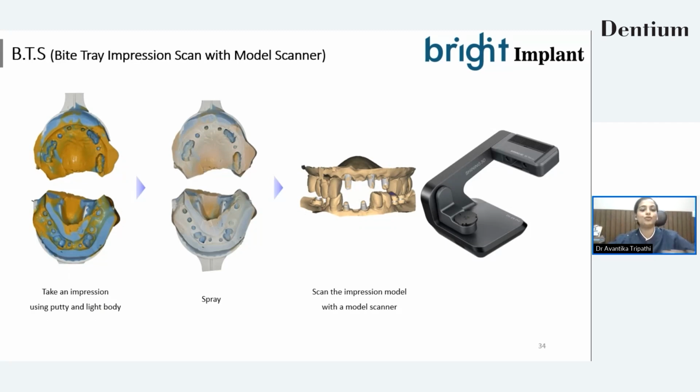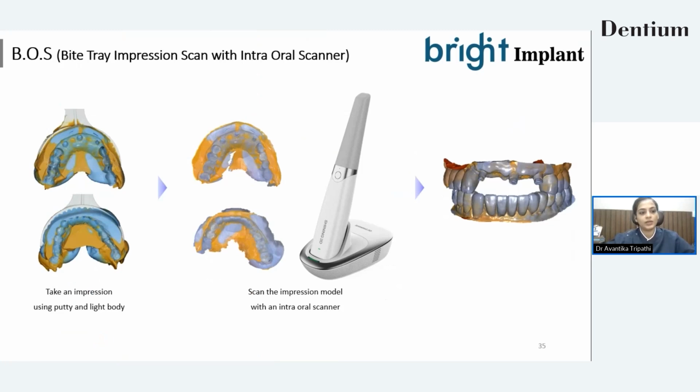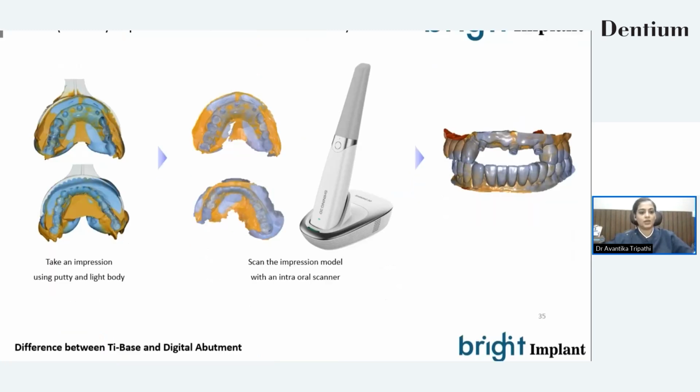They are going to put scan spray over it and scan it, or they are going to prepare a model and scan the model with the model scanner. Either they scan the impression or they scan the model. This is called BTS, bite tray scan.